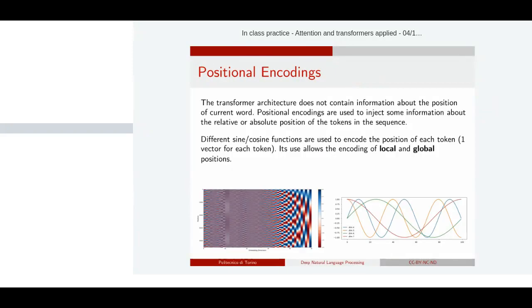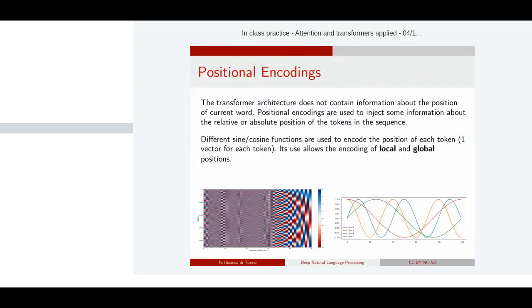The idea is that we use this positional encoding to encode the information that the first word is the first in the sequence, the second is the second, the third is the third, and so on. We could do this by just encoding the order, so 1, 2, 3, 4, and so on, but it's not efficient and not the best solution.